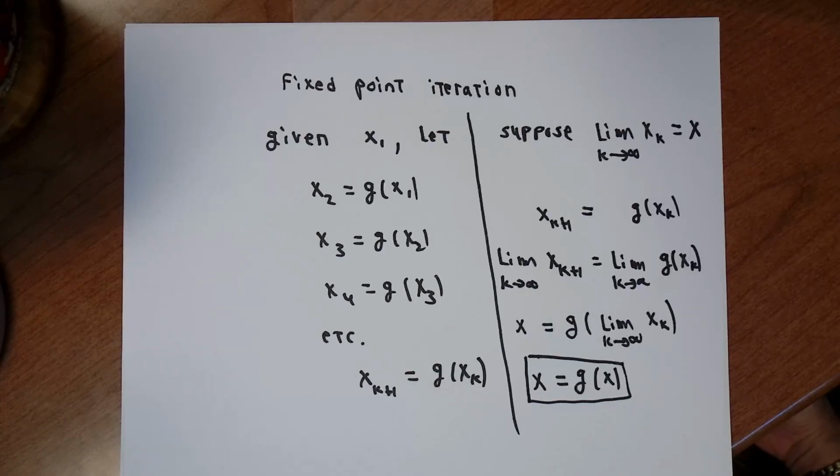Then I turn the fixed point iteration loose on it. If it converges, I get my fixed point, which will be an x where f of x is 0. Fixed point iterations show up in a lot more general situations than this, but this is what we're talking about right now.